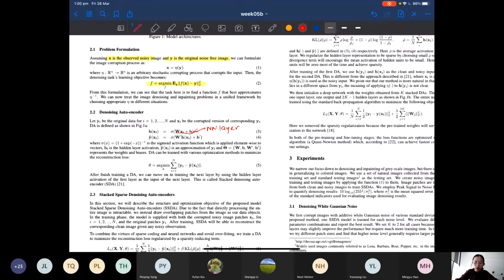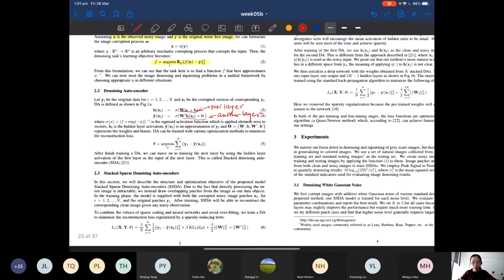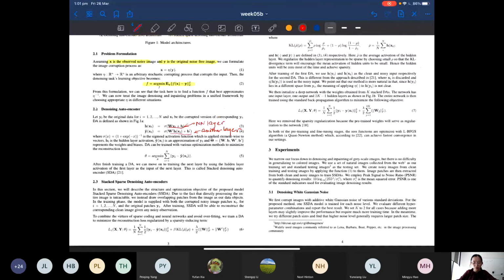And then the next part is basically another layer on top of h of x. Right, it's basically two layers that give us y hat. And then we just compute the error. So that's good. So what does it mean by stacked sparse denoising autoencoders?